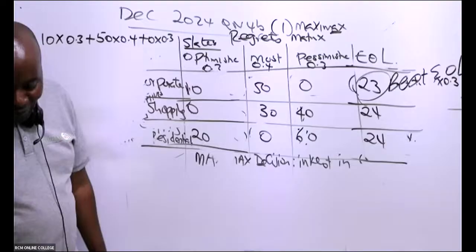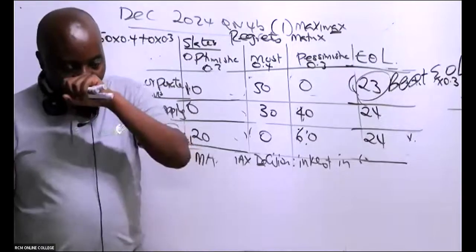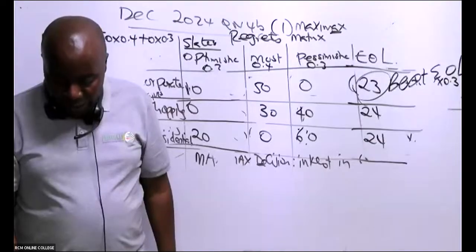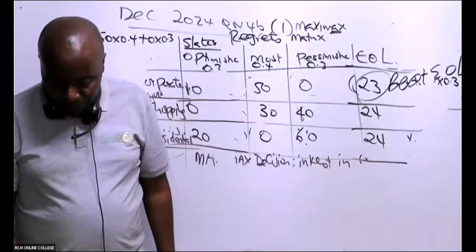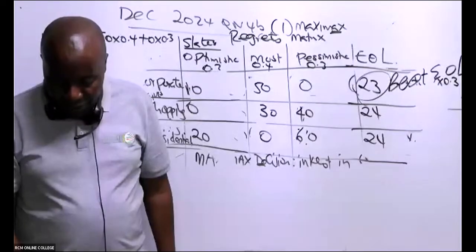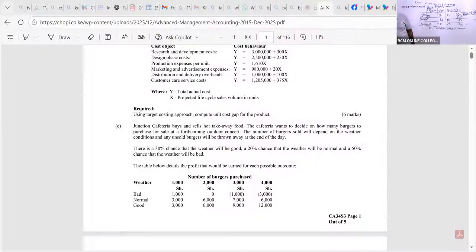December 2025, question number 1C. The question of Makutano Junction.